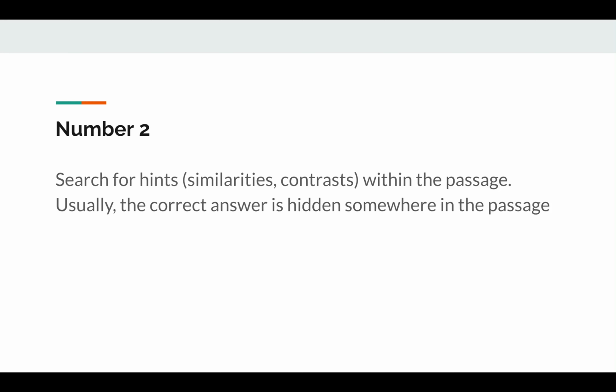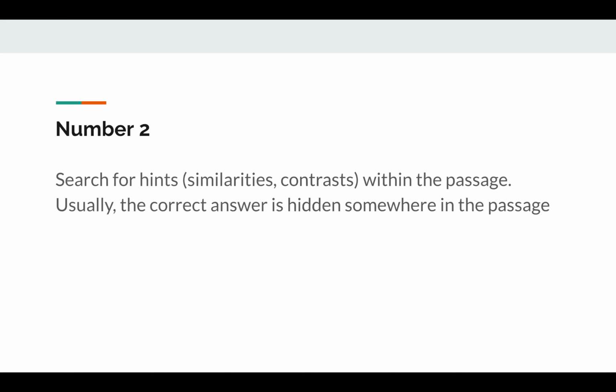Tip number two. This is very, very important and you have to master this skill. And I have a lot of examples to show how it's done. Search for hints like similarities and contrasts within the passage itself. Usually, probably 85-90% of the time, the correct answer is hidden somewhere within the passage itself.